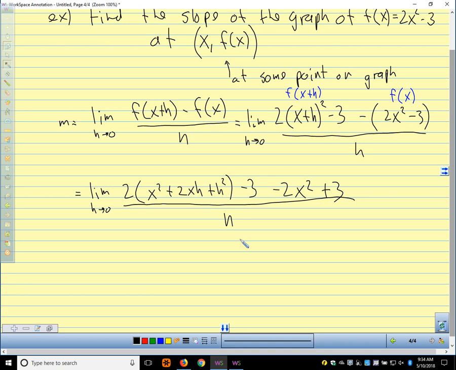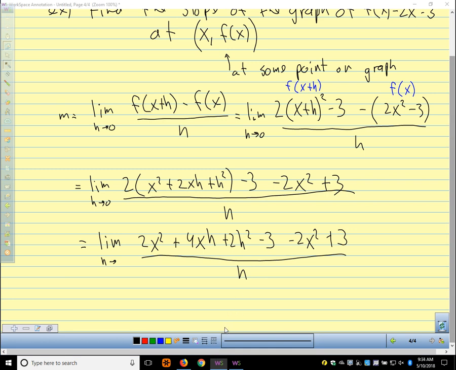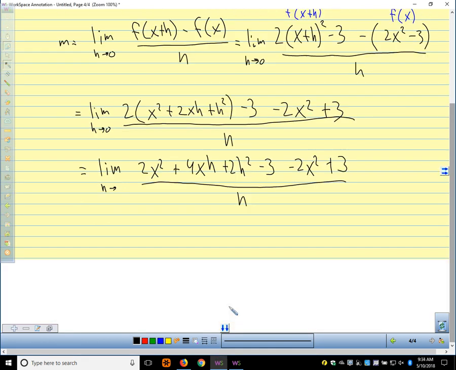All right, now let's distribute here. I could have distributed in the same step, but I want to go step by step here so we all see what we're doing. So we get 2x squared plus 4xh plus 2h squared minus 3 minus 2x squared plus 3 all over h. And we think, oh, that looks better. This looks more exciting. Well, we have a 2x squared and a minus 2x squared. We have a minus 3 and a plus 3. So those go away.